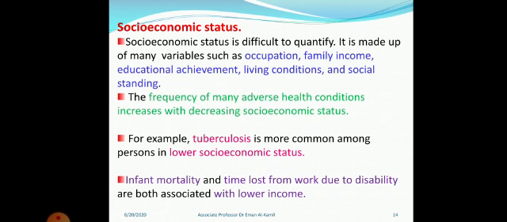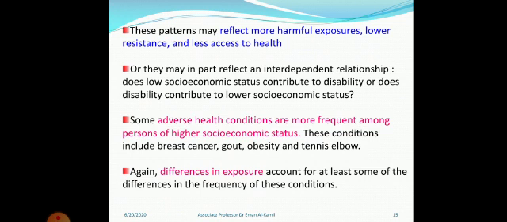This pattern may reflect more harmful exposure, lower resistance, and less access to healthcare services, and may reflect an interdependent relationship. Does low socioeconomic status contribute to disability, or does disability contribute to lower socioeconomic status? Sometimes it is a vicious circle.